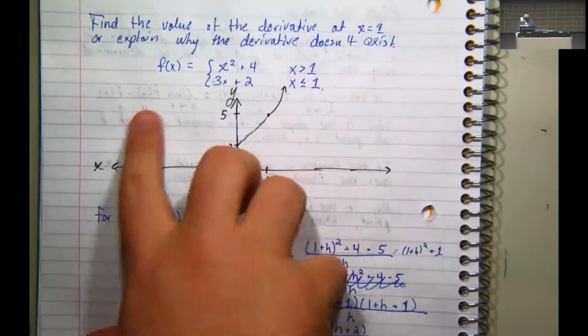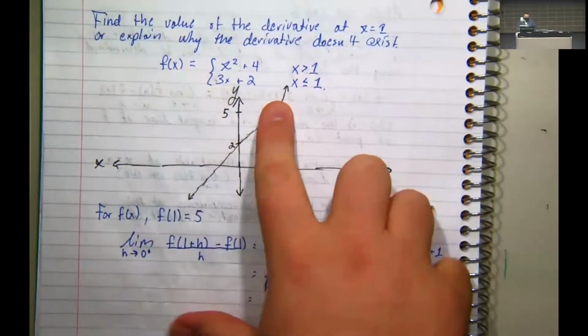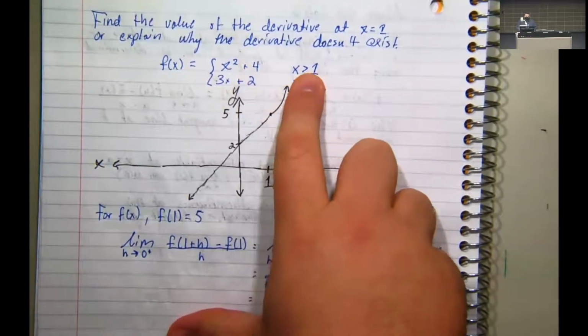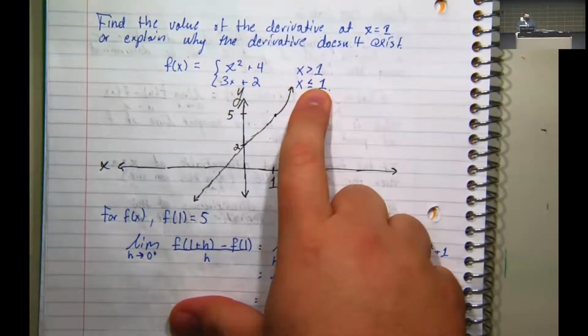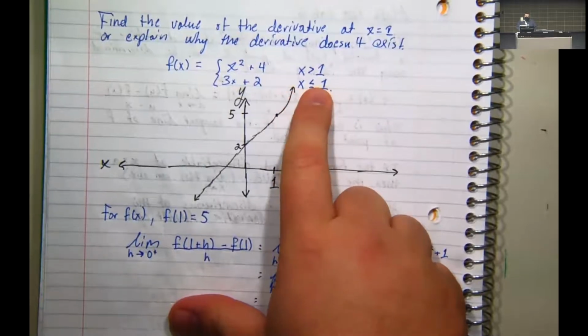So in the previous question, which was F, which is x squared plus 4 when x is greater than 1, and 3x plus 2 when x is less than or equal to 1, it is defined at 1.